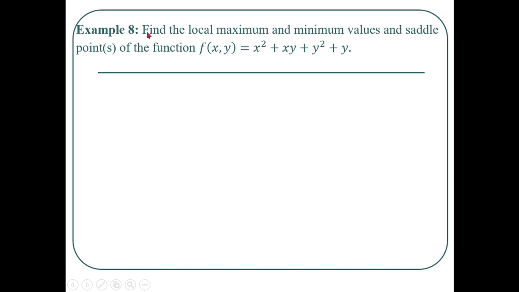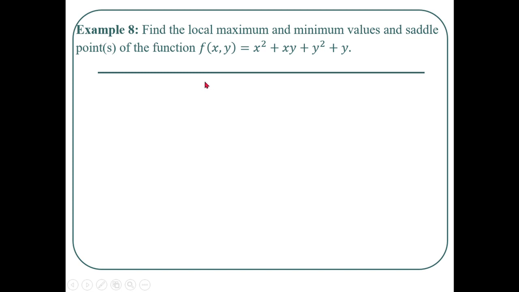Next example, find the local maximum and minimum values and saddle points of the function f(x,y) is equal to x square plus xy plus y square plus y. To find local maximum and minimum values, we want to find its extreme points, and for that, first of all, we have to find the critical points of f(x,y).